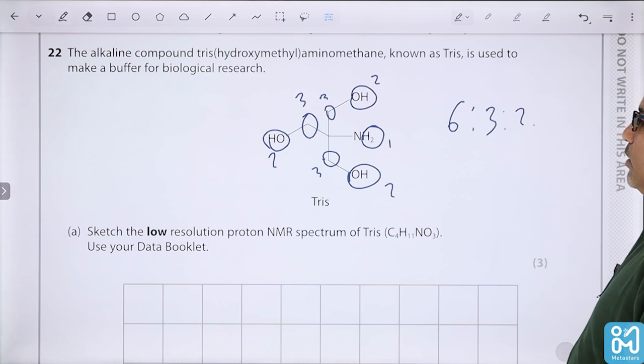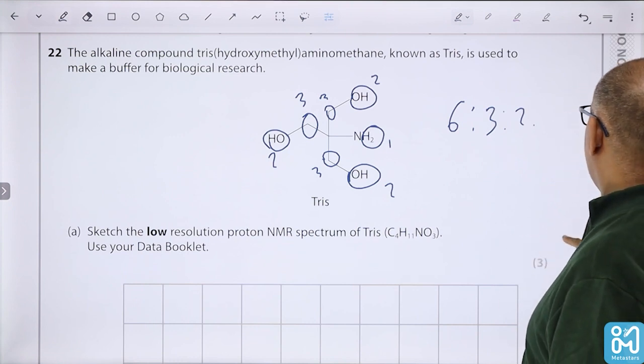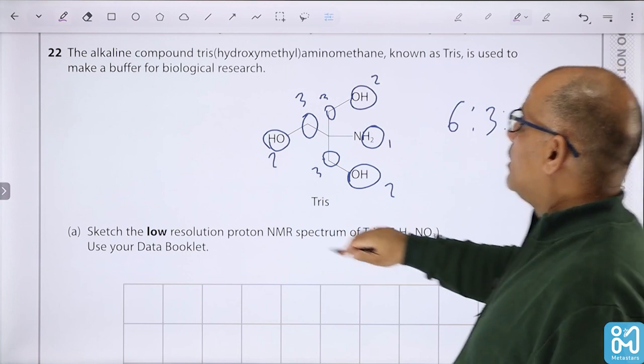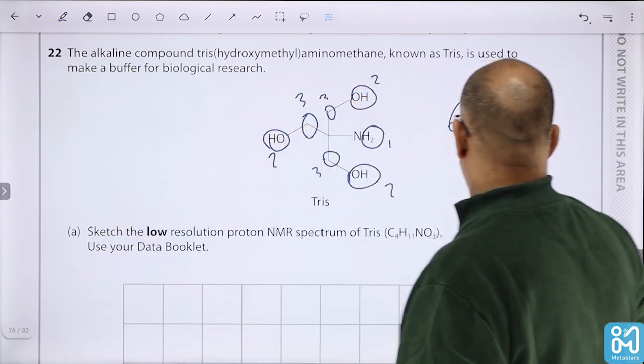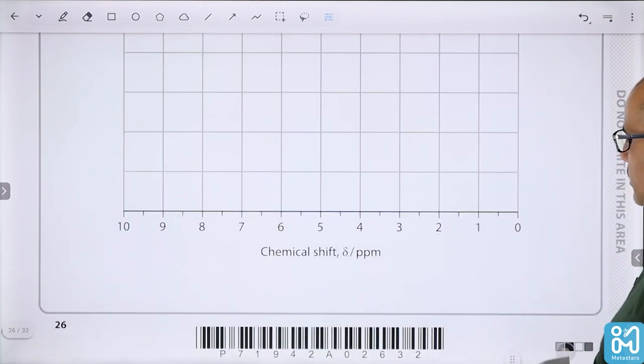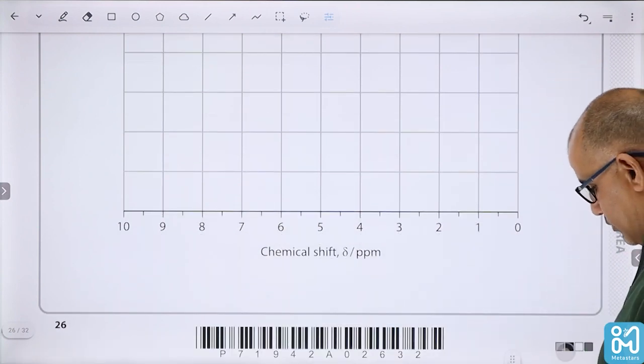That's the point. Now, for the data booklet, you will find the chemical shifts, or the parts per million, for the first structure, CH2.